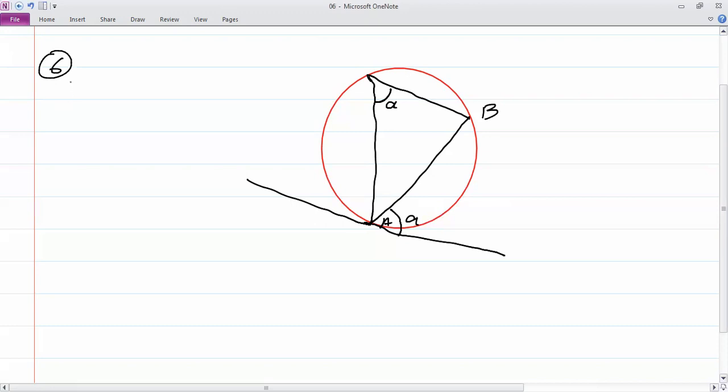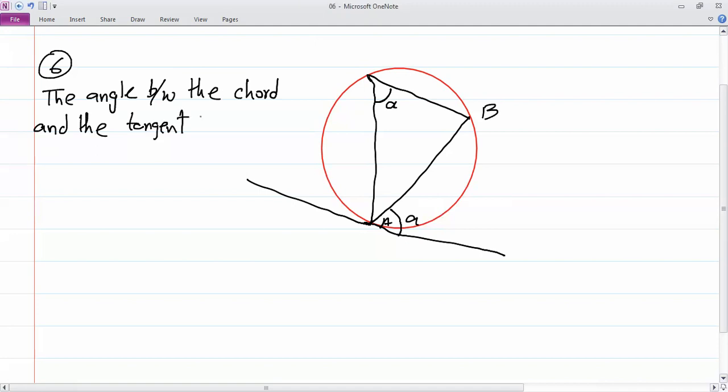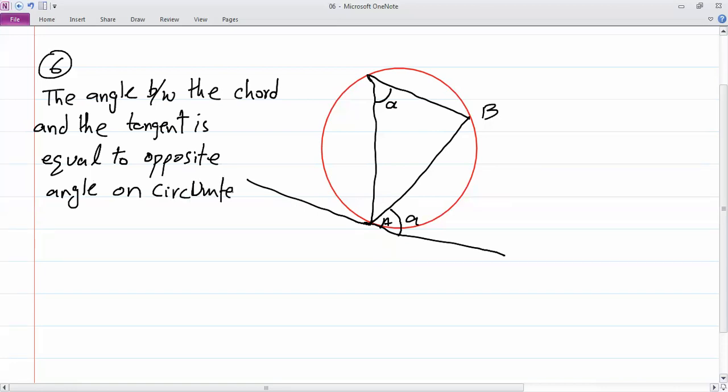It says that the angle between the chord and the tangent is equal to the opposite angle on the circumference by the same chord. For between, I'm using this short word, okay?